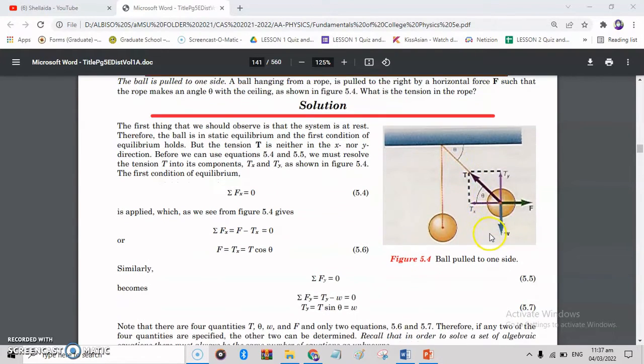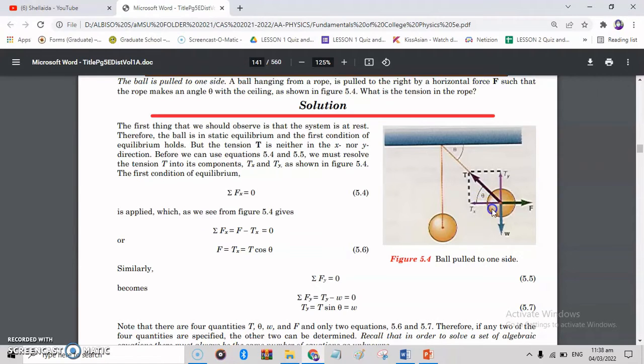Now, the summation of all forces along the x, there are 2: the F and the Tx. So, F minus Tx is equal to 0. What is our Tx? Remember SOHCAHTOA? For cosine, it is adjacent over hypotenuse. Adjacent is Tx, that is T cosine theta.